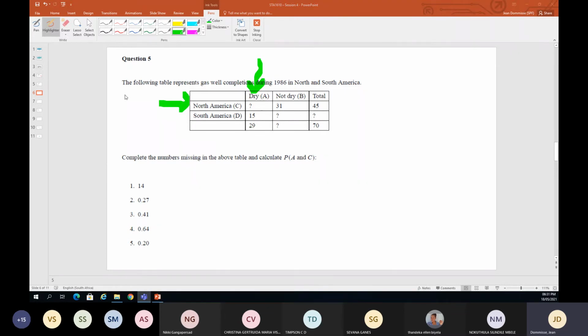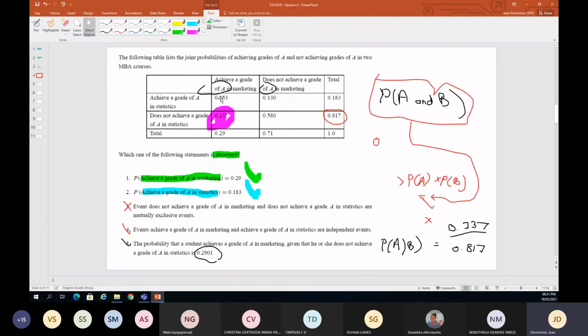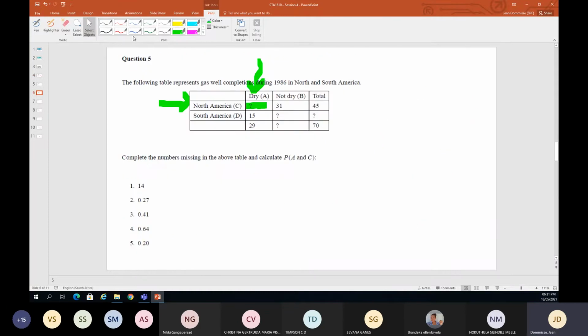So you basically want to know what is the probability of A and C. Okay, so if it was in the previous tables, it would have been that answer, but here we are now working with the numbers. So, okay, I first need to work out that number.